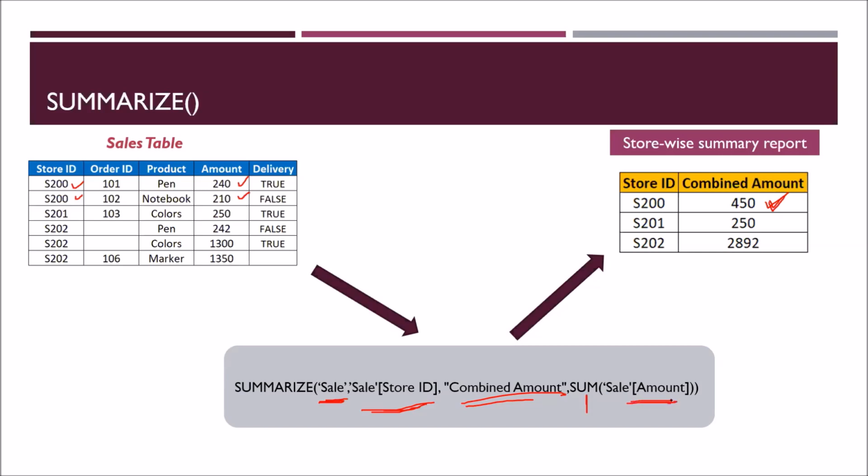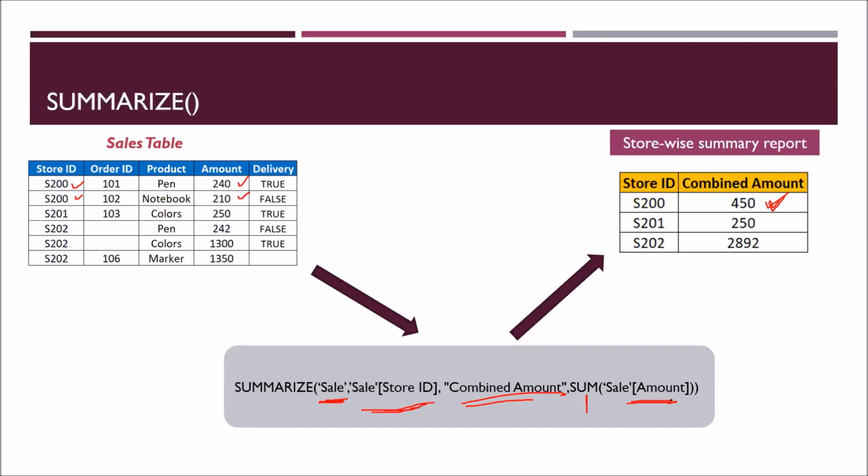So as we saw, SUMMARIZE has 4 different arguments. Number 1, the name of the table. Number 2, the column which is to be summarized or grouped by. Number 3, the name of the new column. And number 4, the expression which is to be performed.